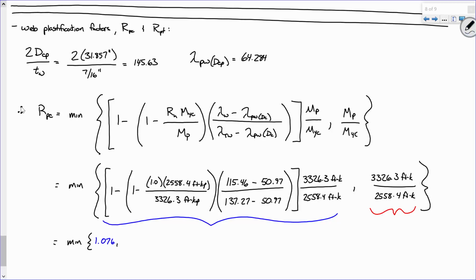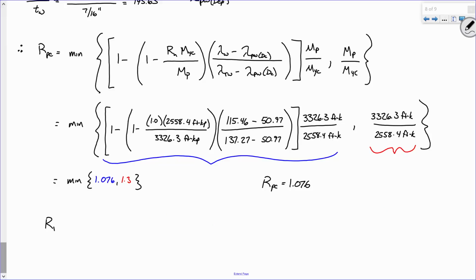And then what's the other term come out to be? .3 something, whatever it is, it doesn't matter, because that means that RPC is 1.076. Make sense?